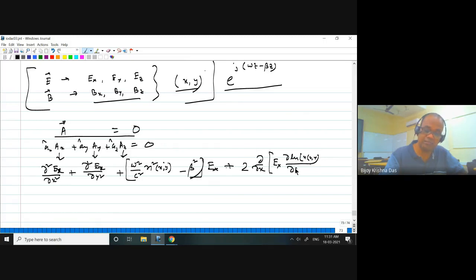Del x and then plus Ey del ln n xy divided by del y. Let me write a little bit smaller version, then it will be clearer, otherwise it will be mixed.